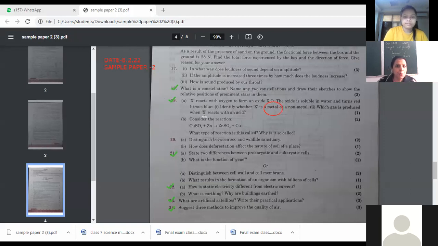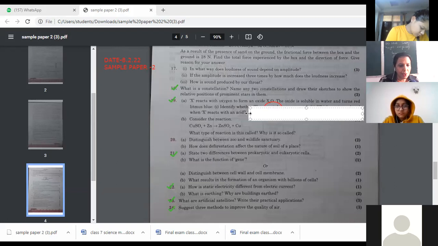Which gas is produced when X reacts with an acid? If metal reacts with any of the acids, suppose hydrochloric acid, or it reacts with sulfuric acid, then what happens? Hydrogen gas is produced. Already children, you have learned it produces a pop sound.